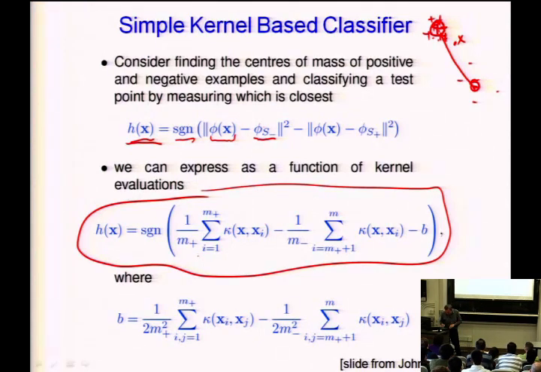We can replace that by instead summing over the training examples, dot products with all of those positive examples performed down in the original space with a kernel function k.